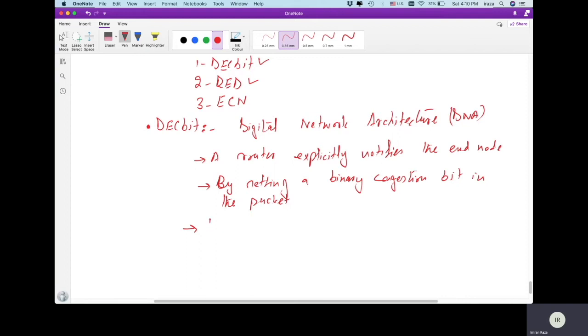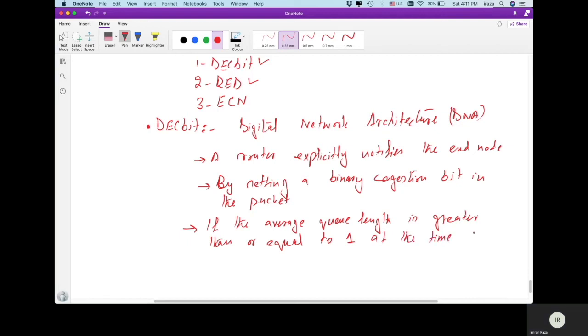So if the average queue length is greater than or equal to 1, then the router will set the congestion bit to 1 at the time a packet arrives.